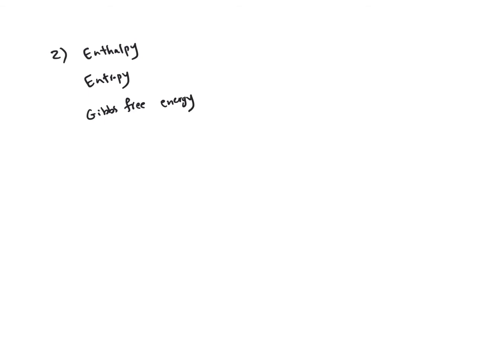Those two parts I covered in the last question, so just listen to that real quick. How can we relate Gibbs free energy and equilibrium constant? I also covered this part in the previous question. But for enthalpy, entropy, Gibbs free energy, again, I refer you to lecture 22.